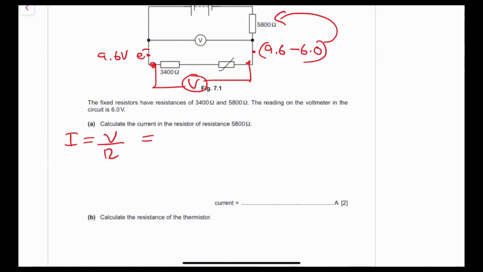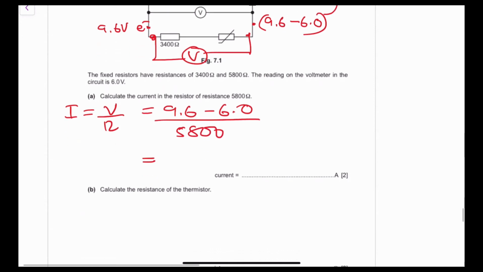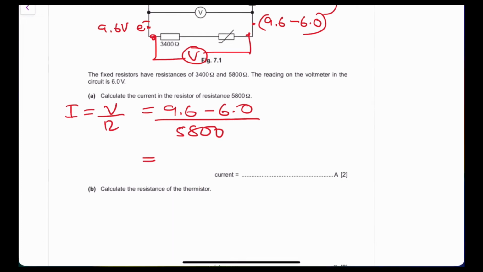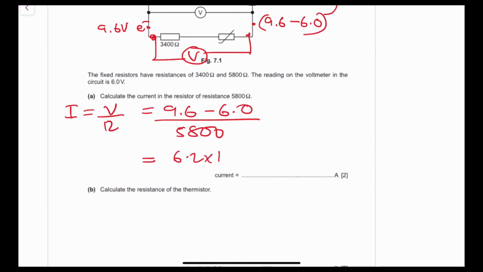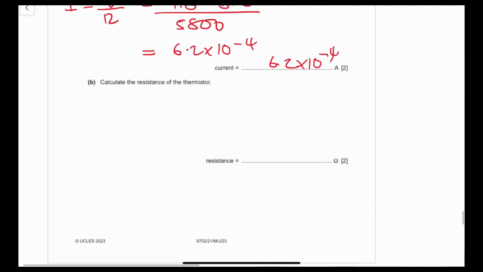So the current here will be 9.6 subtract 6.0 divided by 5,800. And that gives you a total current of 6.2 times 10 to the power of negative 4. Moving on to the next question.